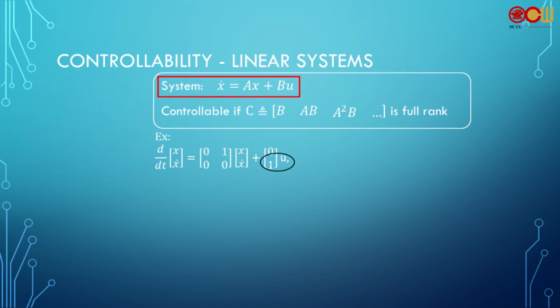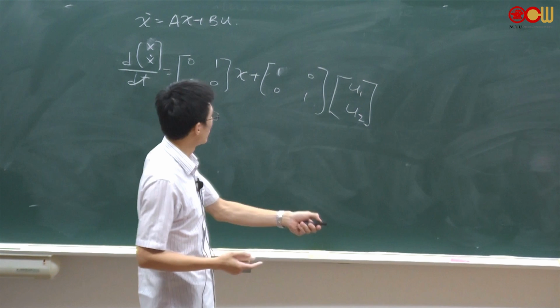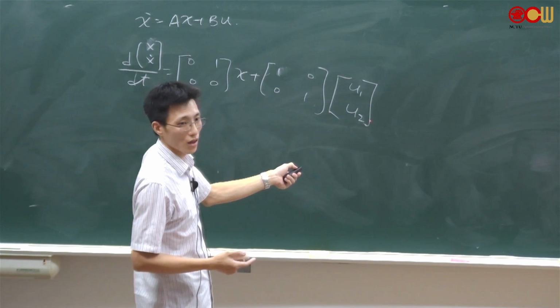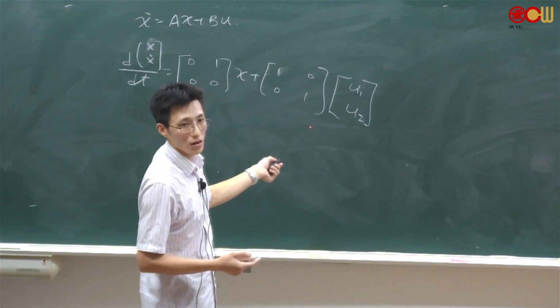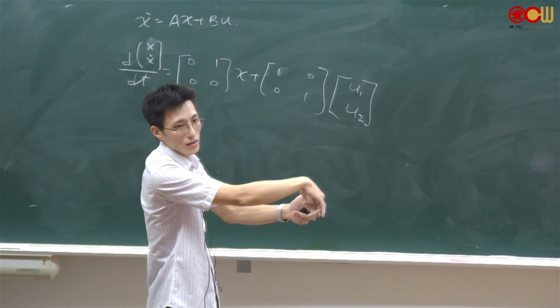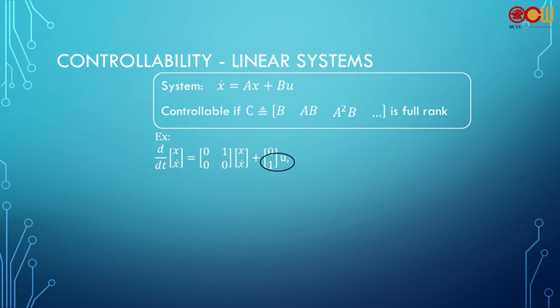So this system is like a robotic system, a robot arm with only one joint. The voltage to the joint, which might be a motor, is the control input. If you have a two-joint robot, you have two inputs, and in this case you have to use this model. And this x could be the position and velocity of the end effector. In this case, we assume it's a single-input system.